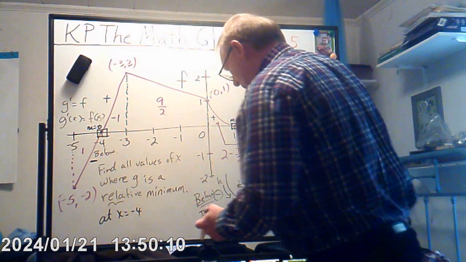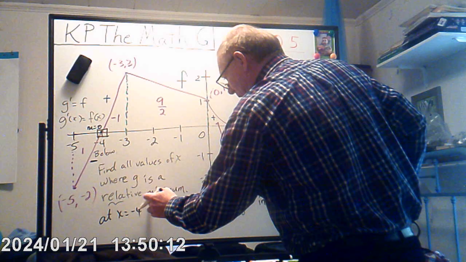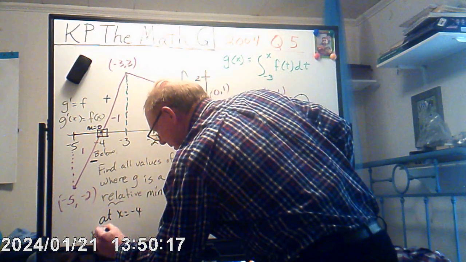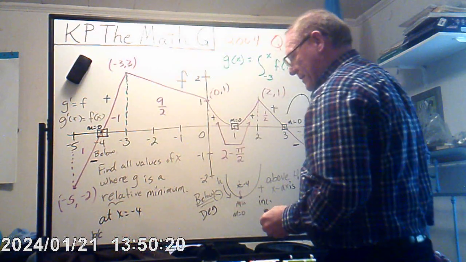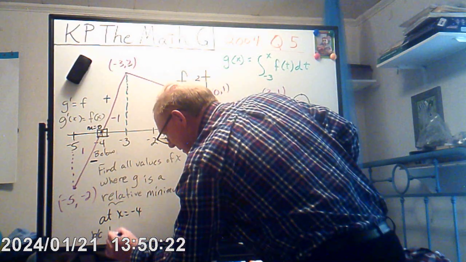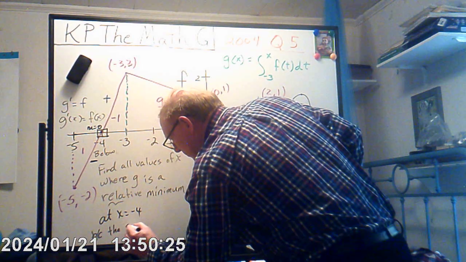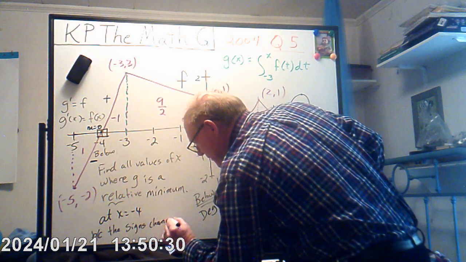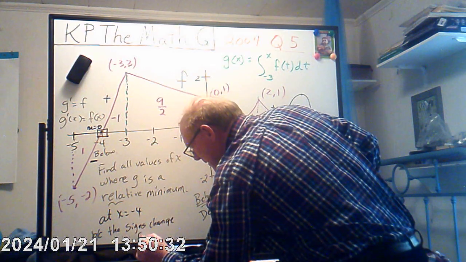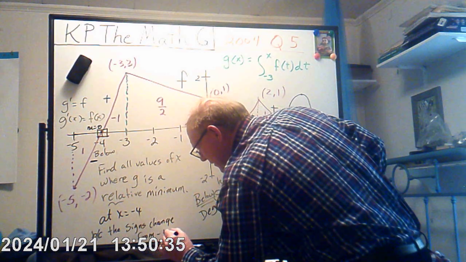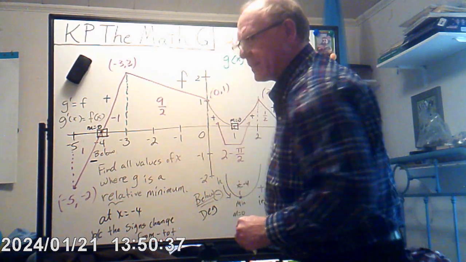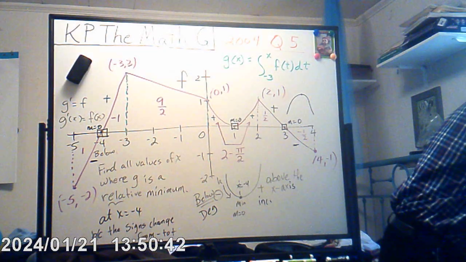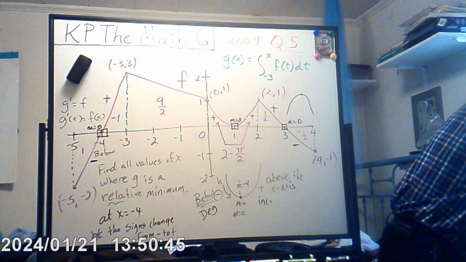So we have a relative minimum at x equals -4 because the signs change from negative to positive. Actually, I have that right here.